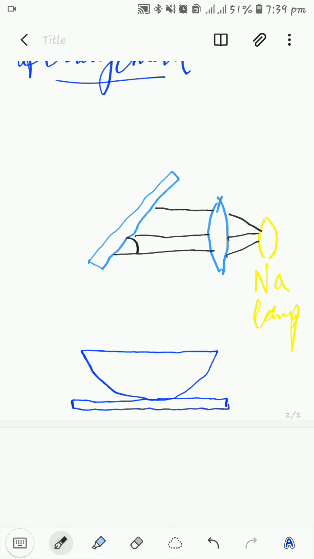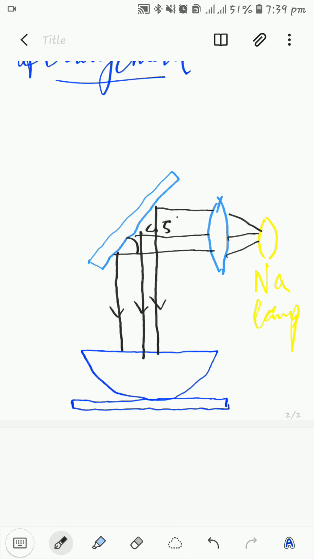When it is incident on the glass plate at an angle of 45 degrees, it is reflected from here and it goes down into the setup of a convex lens, a plano-convex lens and the glass plate.